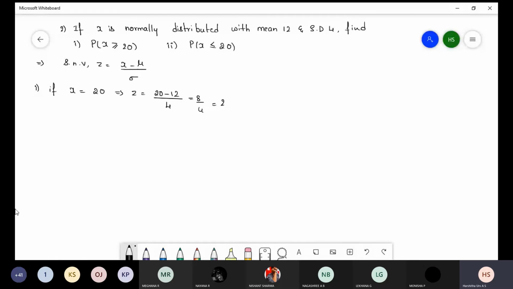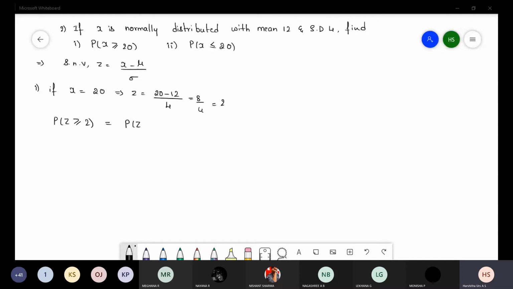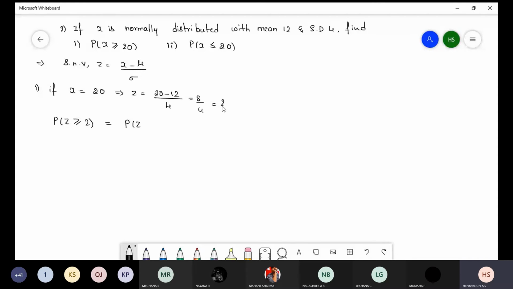So here we can write P of z greater than or equal to 2. That is P of z greater than or equal to 0 minus P of 0 less than or equal to z less than or equal to 2.